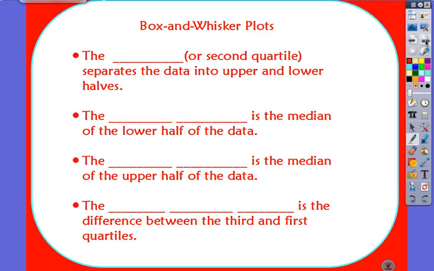The median, or second quartile, separates the data into upper and lower halves. The lower quartile, also known as the first quartile, or quartile 1, is the median of the lower half of the data.